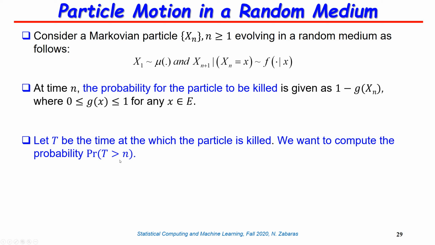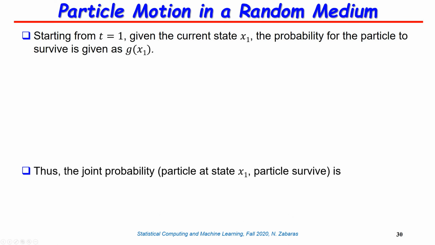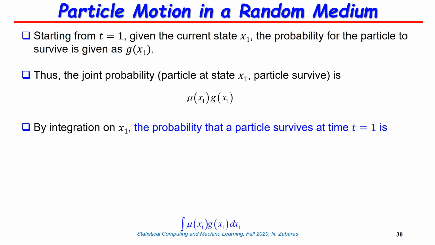Obviously in computing this, if a particle is going to survive up to time n, what that implies is that the particle has to survive at time 1, has to survive at time 2, at time 3, all the way up to time n, and that calculation will actually give us the probability of capital T being greater than n. So let me go rapidly through these equations.